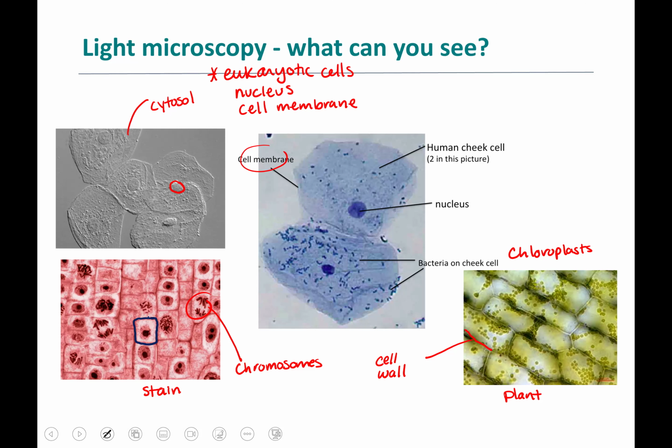So that's dark staining. And then chromosomes, this is a plant cell undergoing cell division. You cannot see mitochondria or the ER or the Golgi.